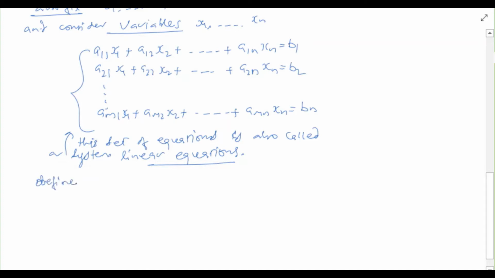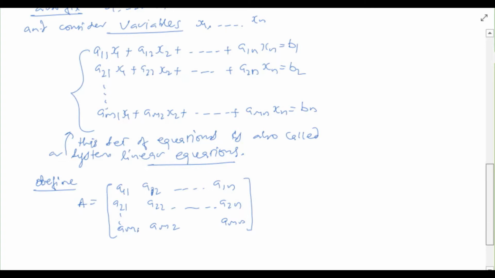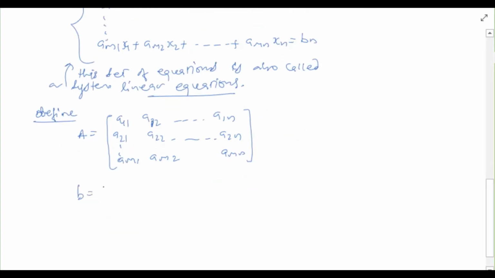Define A to be the following matrix: a11, a12, a1n, a21, a22, a2n, dot dot dot, am1, am2, amn, and vectors b to be b1 dot dot dot bm, and x to be x1 dot dot dot xn.